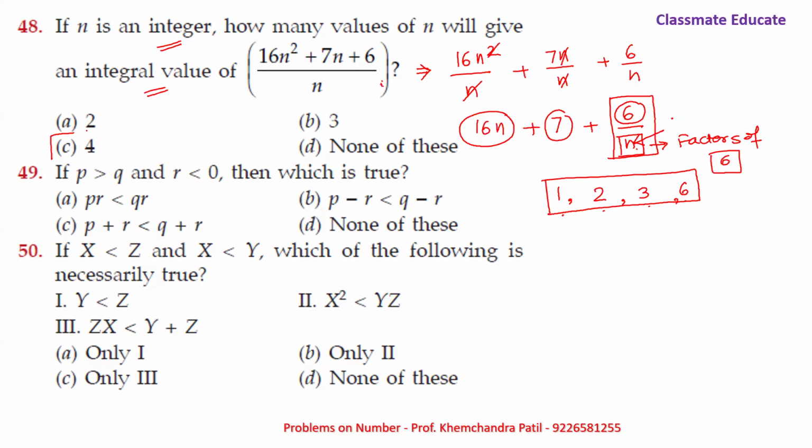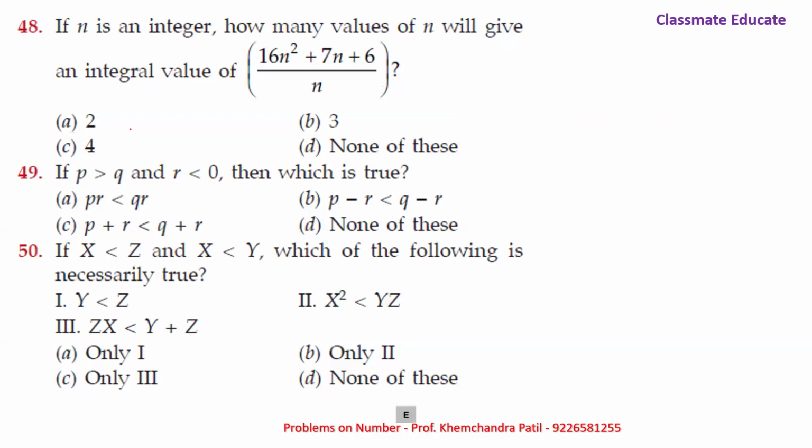So your answer is how many integral value? They ask you how many values of n? Four values of n. So very good question. जो आपके फैक्टर का कंसेप्ट चेक कर रहा है, दैट चेकिंग योर कंसेप्ट ऑफ फैक्टर. Yes. Now, look at this question number 49.